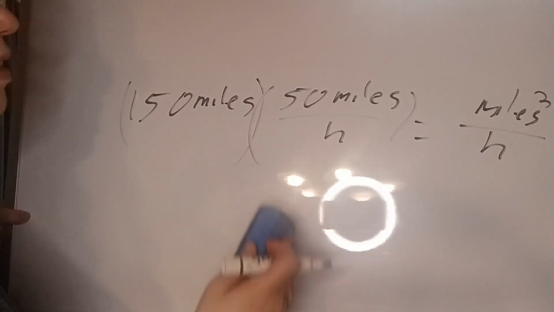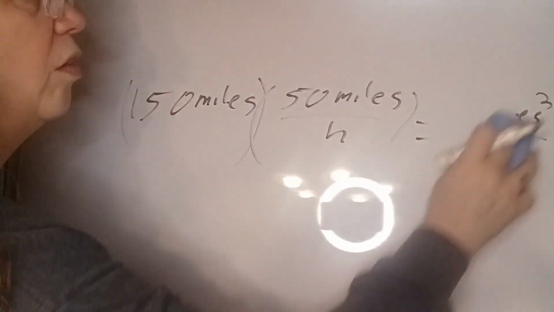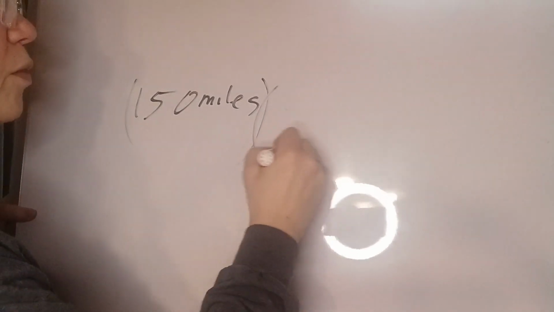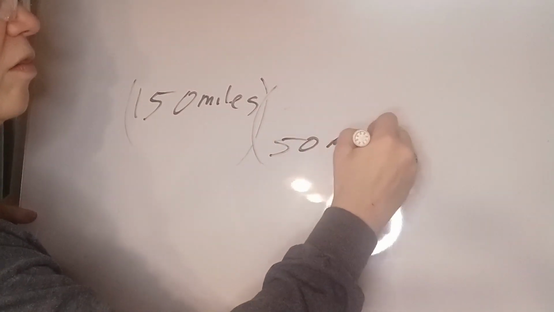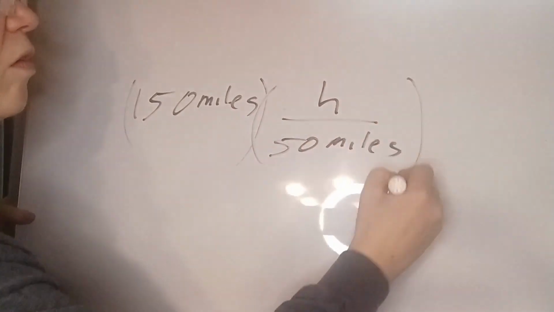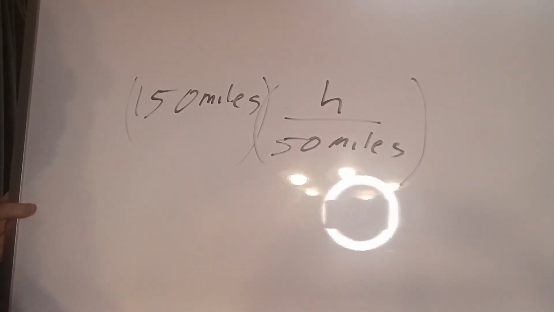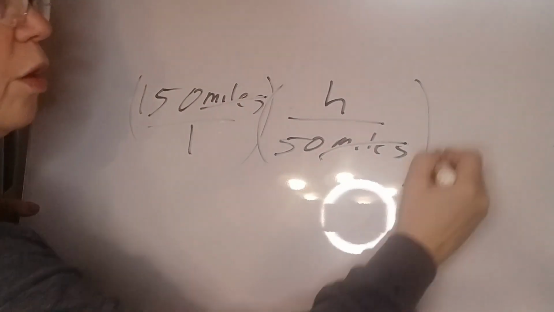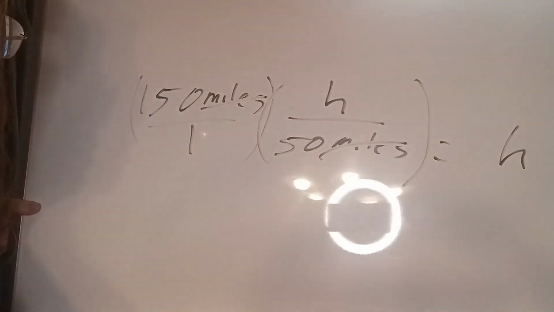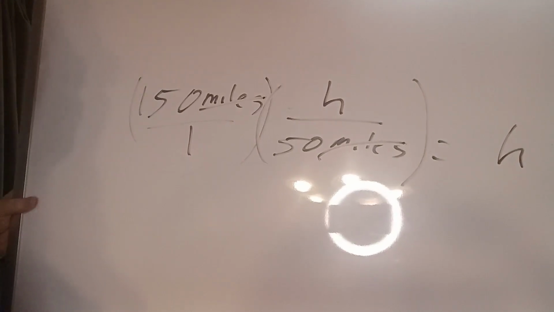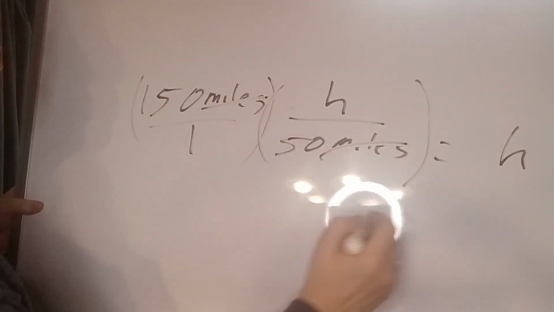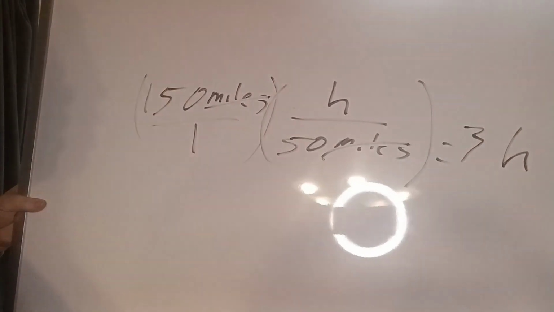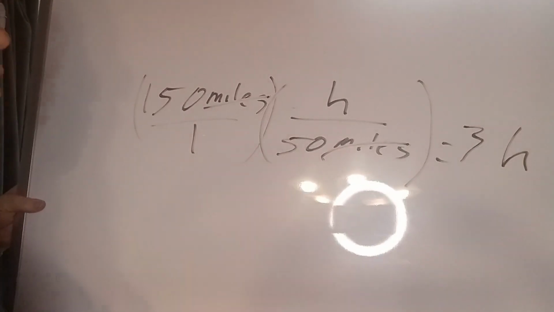So that tells us that we don't multiply. What we do instead is we have to divide. The 50 goes with the miles, and the hours goes on top. This lets us cancel the miles. So all we have left is hours. Okay? 150 divided by 50 is 3 hours. It takes 3 hours to go 150 miles at 50 miles per hour.